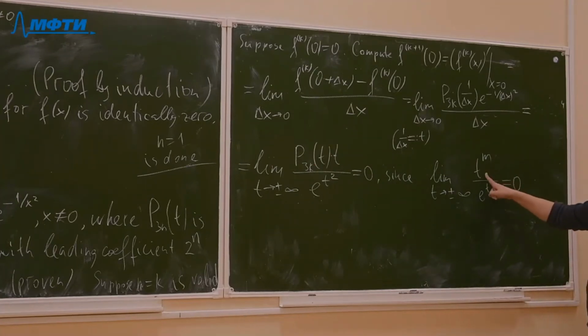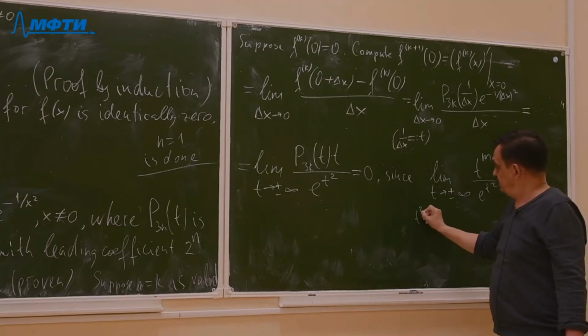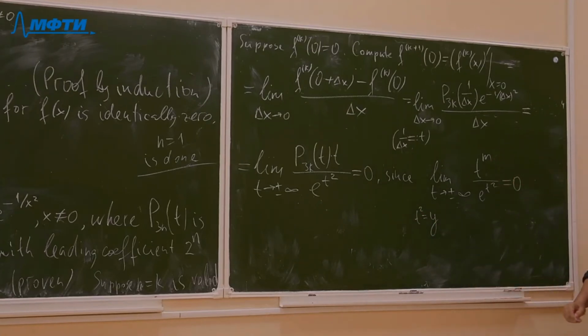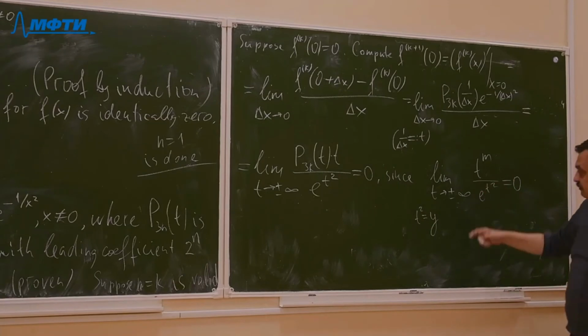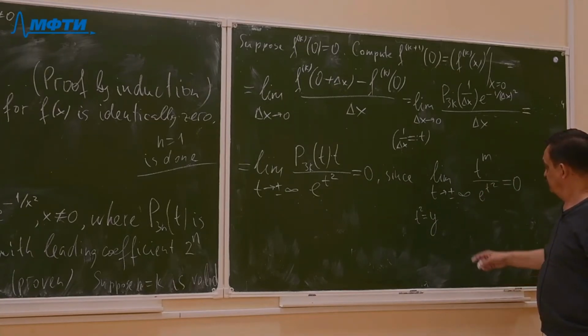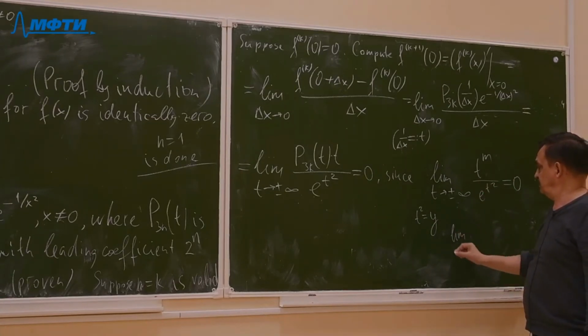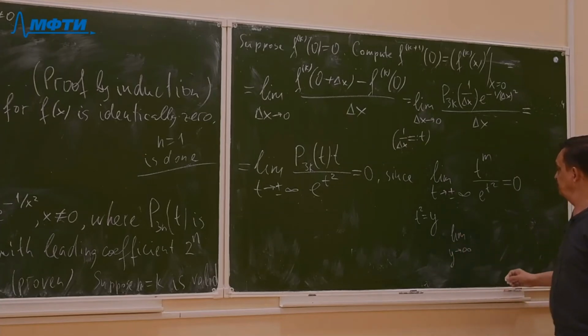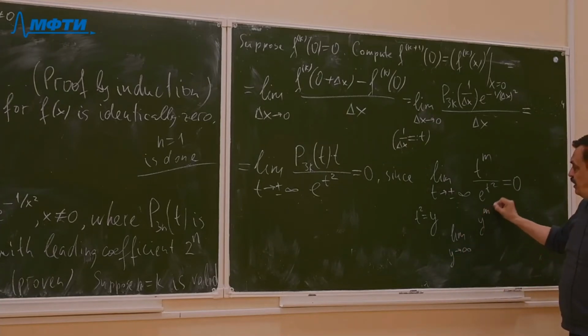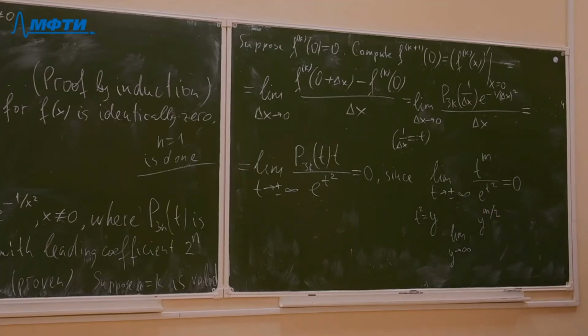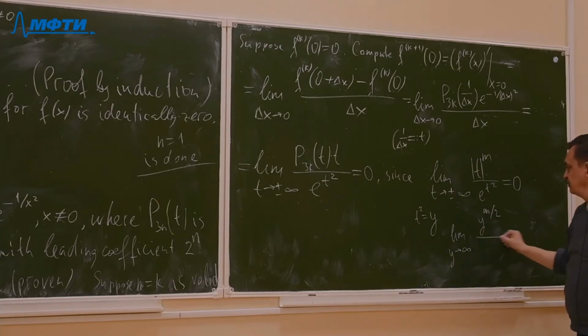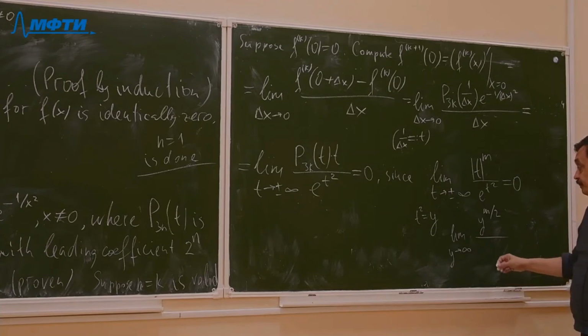Why is this the case? Substitute here t squared equals y. Then we have the limit as y tends to infinity of y to the power m over 2, of course I need to put the modulus here, otherwise I'll get some problems, over e to the power y, right?